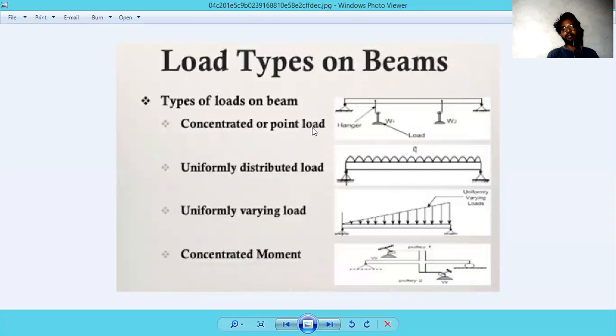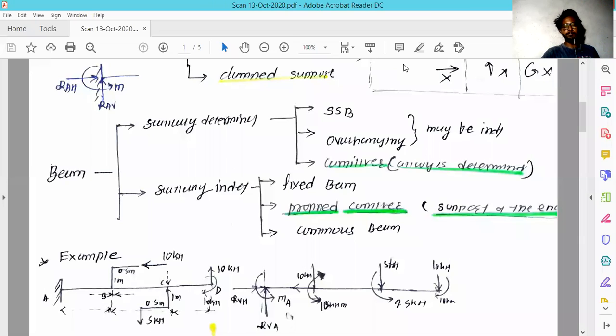The types of force that are going to act on this beam: first is the point load, another is the uniformly distributed load, third is the uniformly varying load, and another is the concentrated moment. We are going to see these loads in detail when necessary, because most of you are very well aware of this, so no need to discuss more.